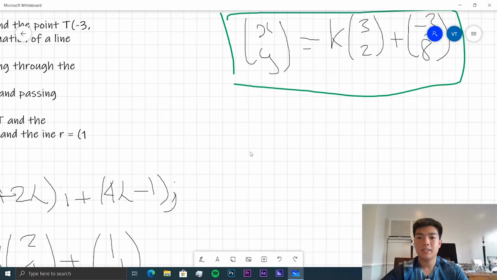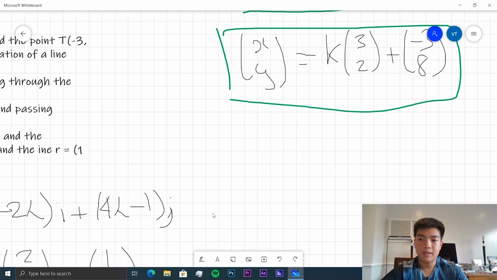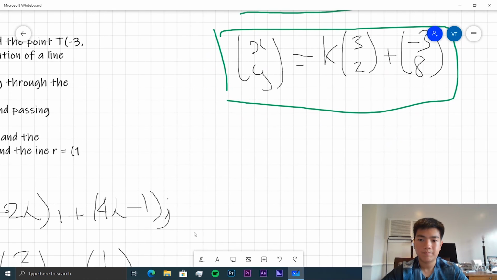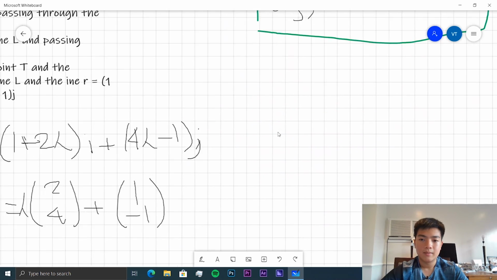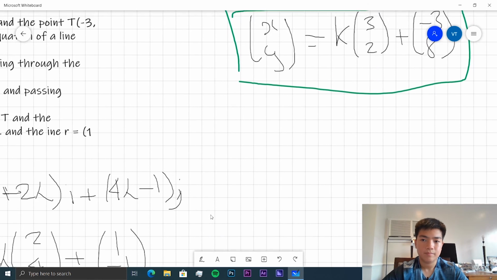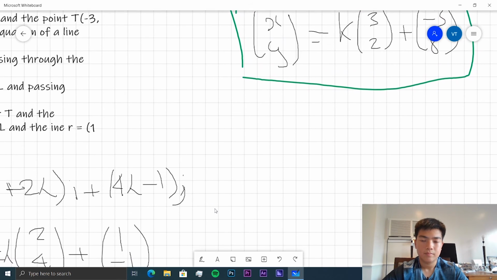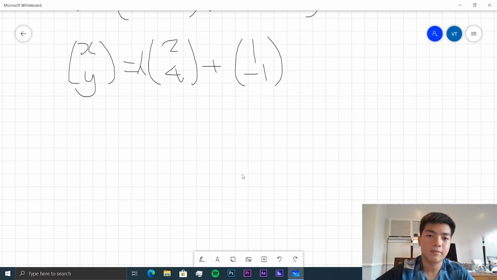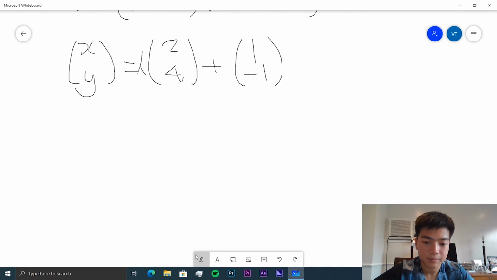We need to get the intersection between these two lines, so I guess we can convert into Cartesian form.